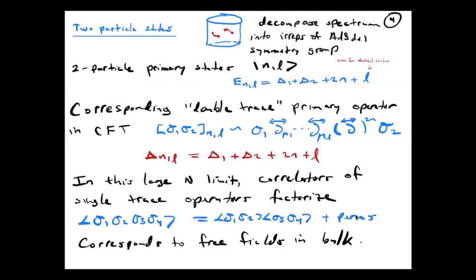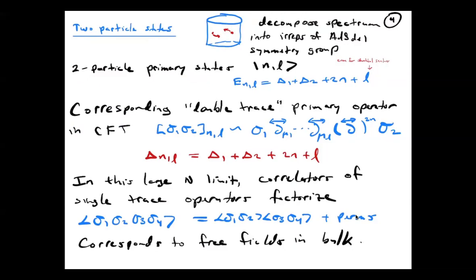But since we'd like to additionally decompose that spectrum into representations of the symmetry group in question, so of the symmetry group of AdS, or the conformal group of the boundary CFT, we decompose things into 2 particle primary states and their descendants. And so the 2 particle primary states have, you might expect, these to be the energies.